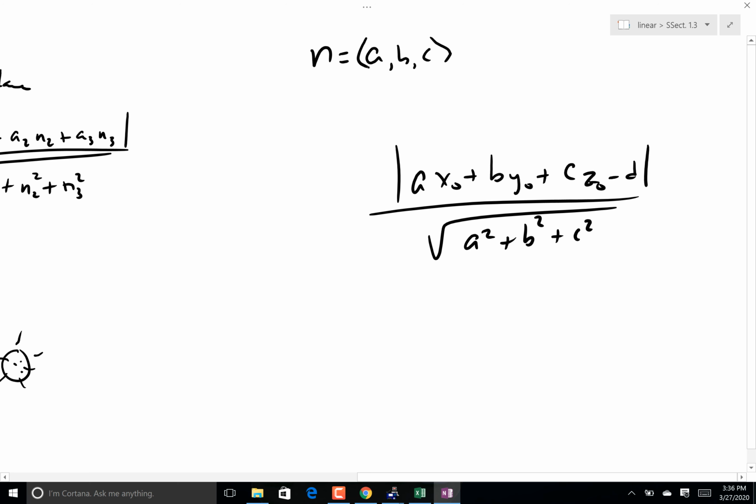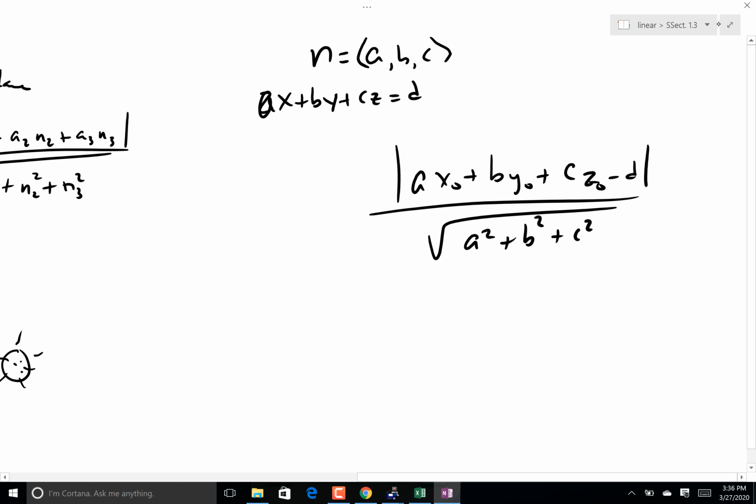So what has happened here is that you've taken these guys, but this is if you have the equation in standard format, or the general format. So if I give you AX plus BY plus CZ equals D, right? This is how you go about doing it.